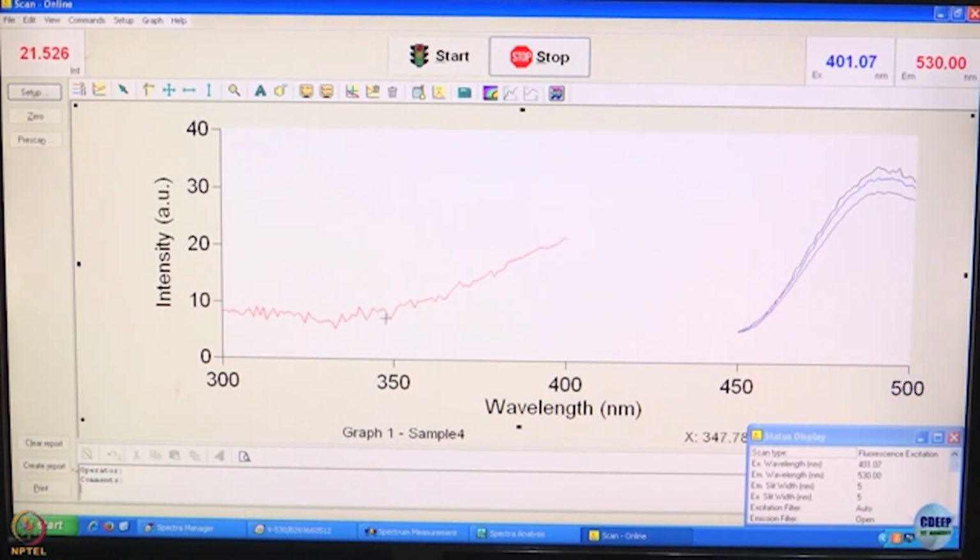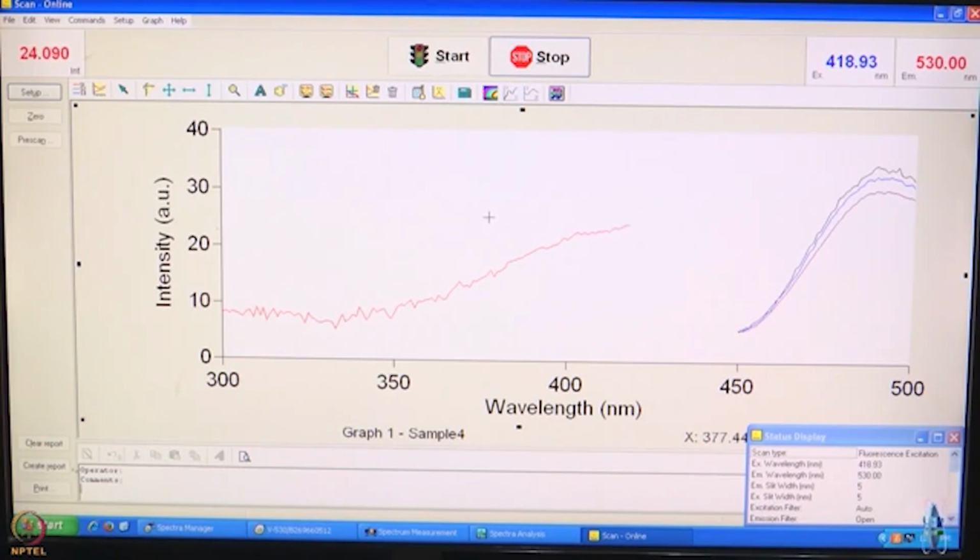So, for dilute samples in which the ground state is absolutely homogeneous, we expect that this excitation spectrum that we are recording is going to be superimposable with the absorption spectrum if they are normalized to the same height.